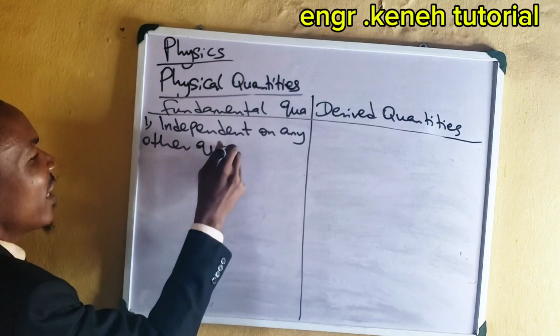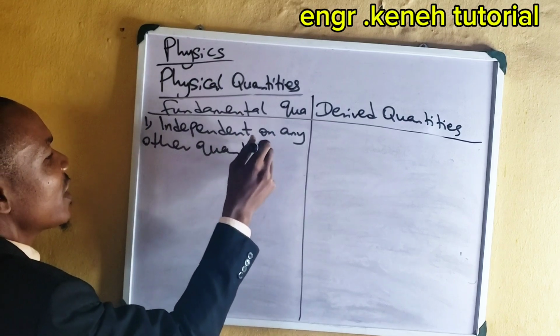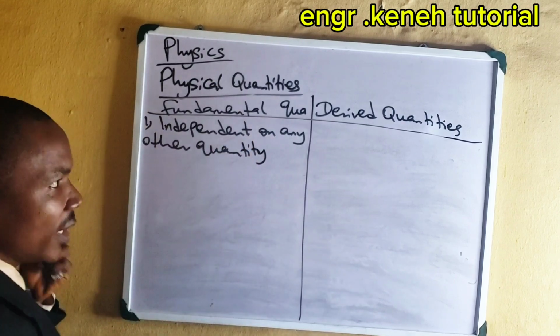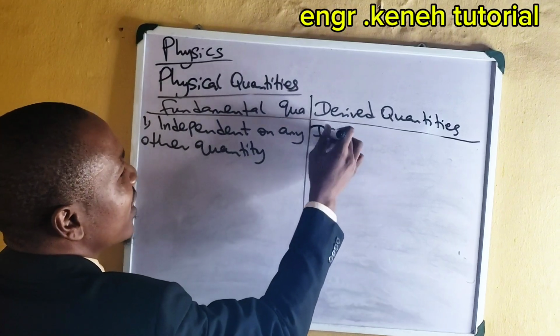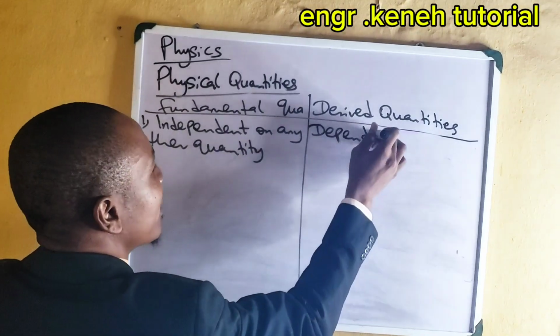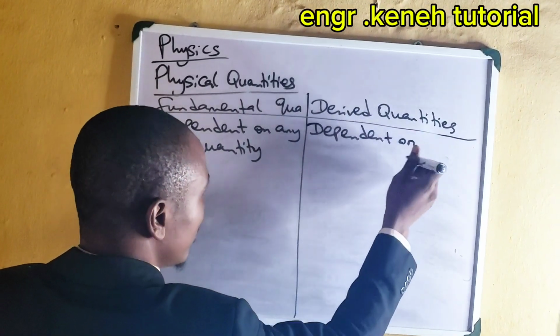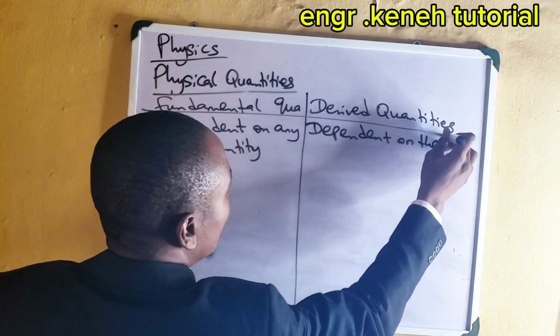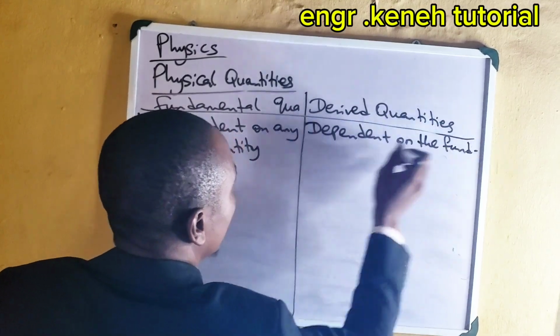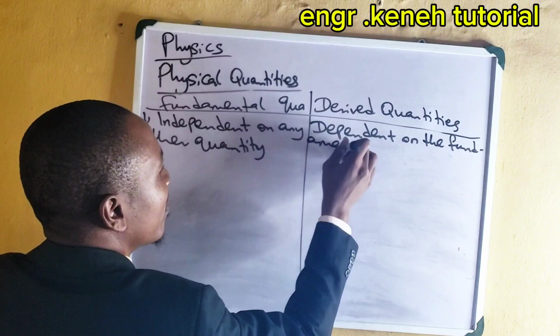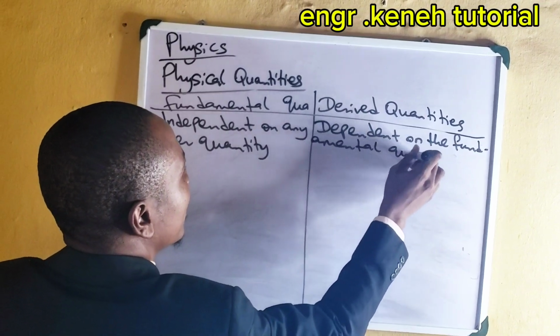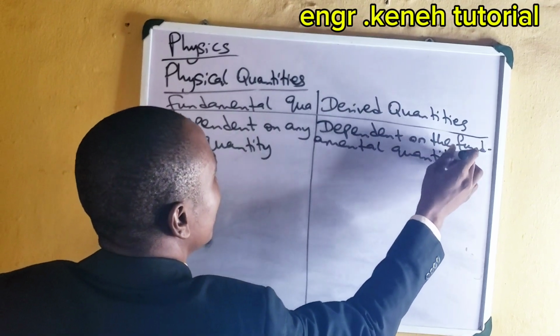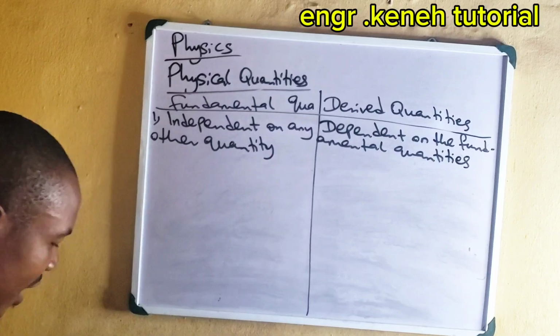But derived quantities are dependent on the fundamental quantities. They are dependent on fundamental quantities. That is number one.